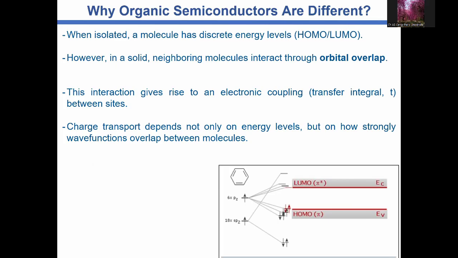So if you use light, you can promote this electron from here to here. If you use an electrical field, you can inject an electron here and recombine to emit light. If you just use an electrical field, you can move this electron, so you can create a transistor. And further, you can manage these states with dipoles.